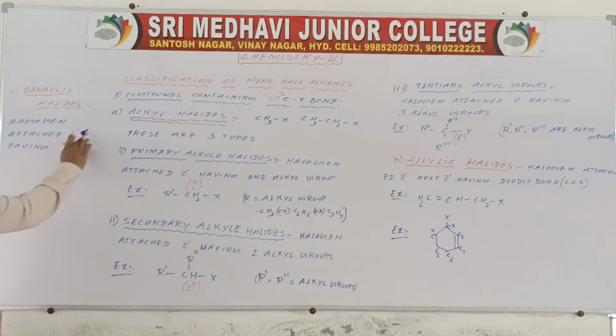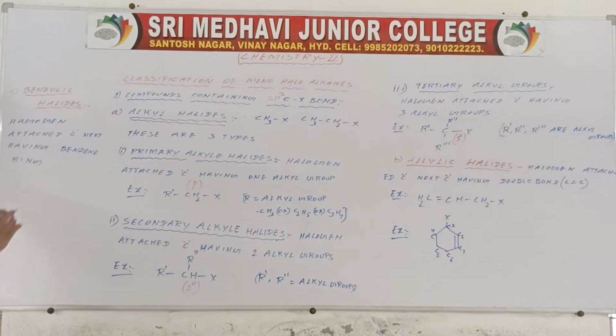Halogen attached carbon atom, next having a benzene ring. These are known as benzylic halides.